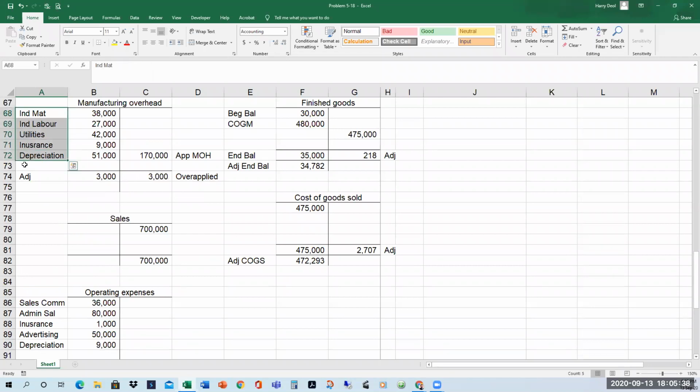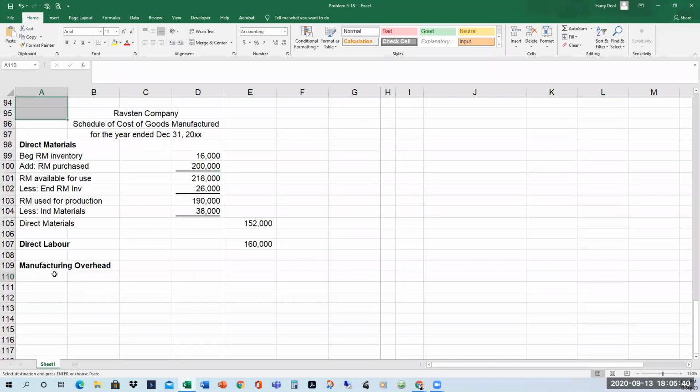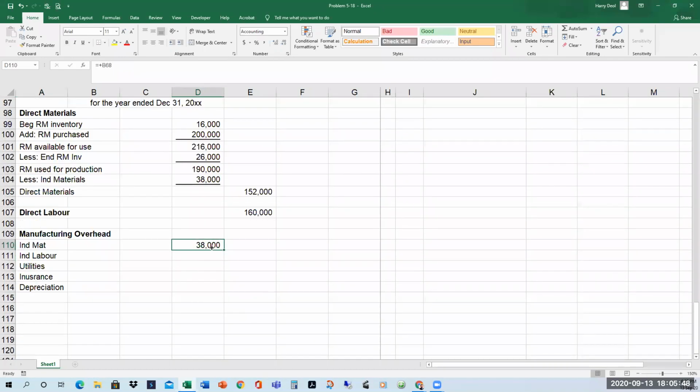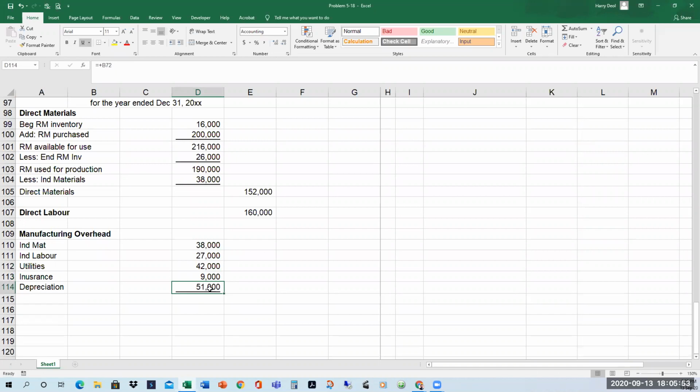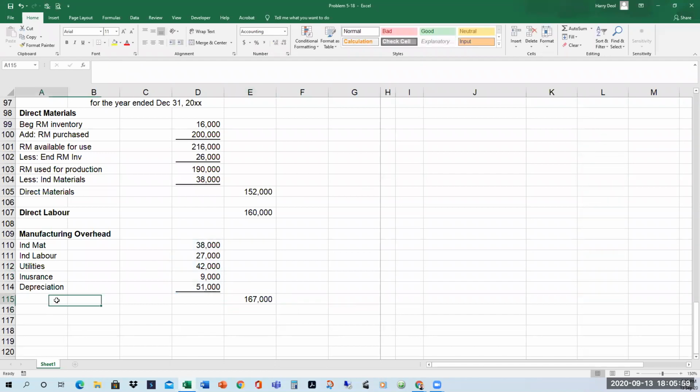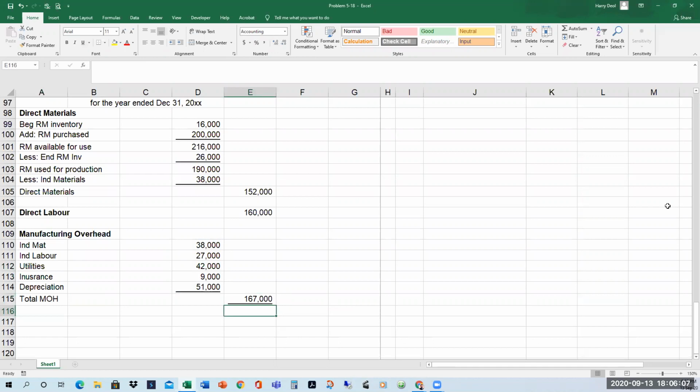So just copy these terms and then link back to the numbers. 38,000 was my indirect materials, and I get total manufacturing overhead, $167,000.